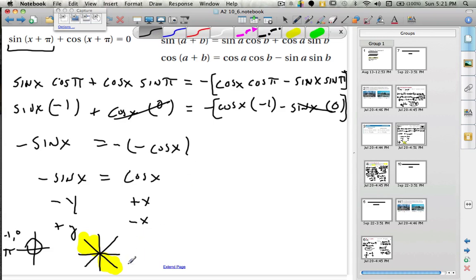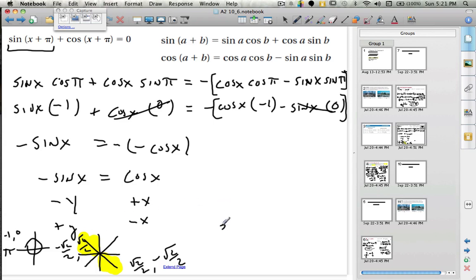Okay, if you recall over here, my x is radical 2 over 2, and my y is the opposite of radical 2 over 2. And up here, my x is the opposite of radical 2 over 2, and my y is radical 2 over 2. Okay, so these values then would be 3 pi over 4, right?